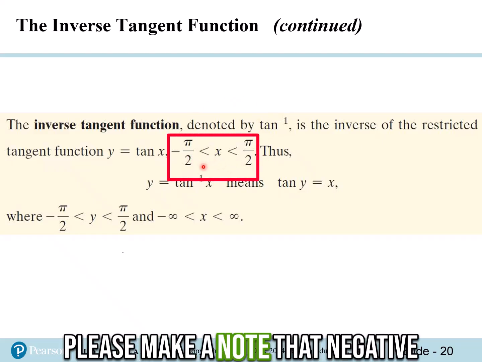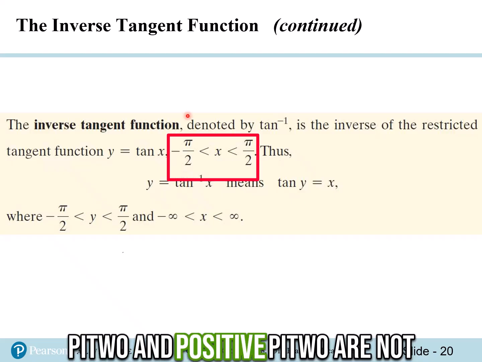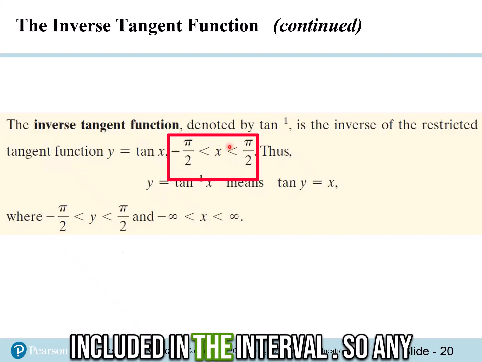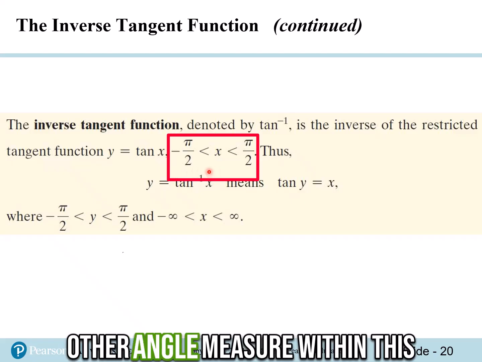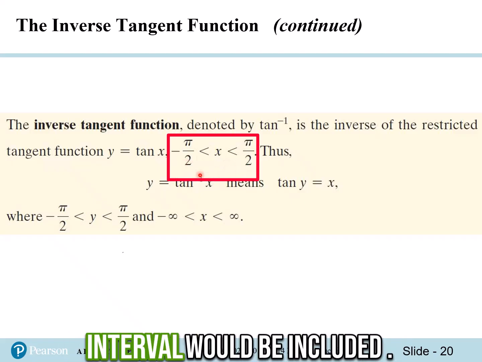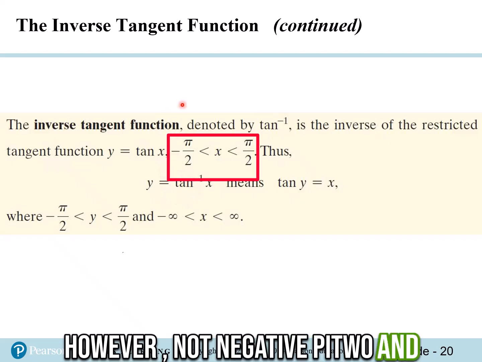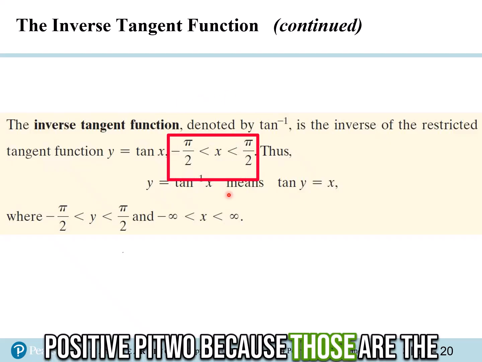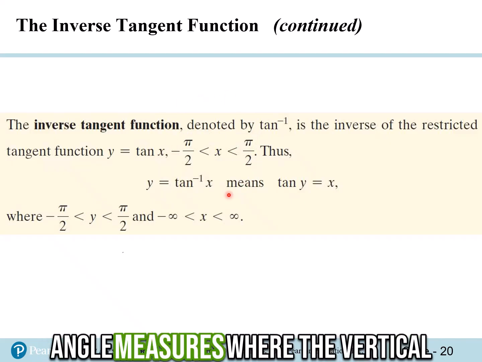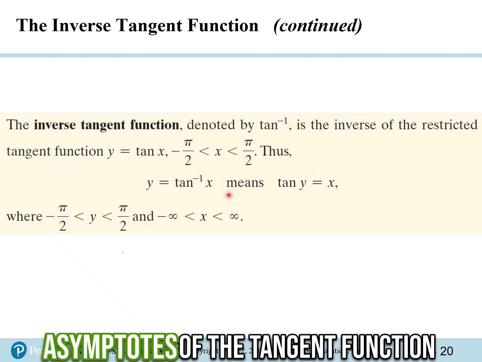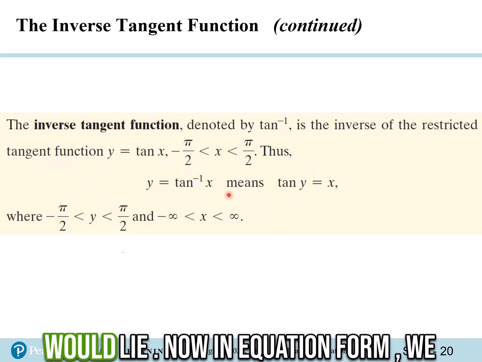Please make a note that negative pi over 2 and positive pi over 2 are not included in the interval. So any other angle measure within this interval would be included, however, not negative pi over 2 and positive pi over 2, because those are the angle measures where the vertical asymptotes of the tangent function would lie.